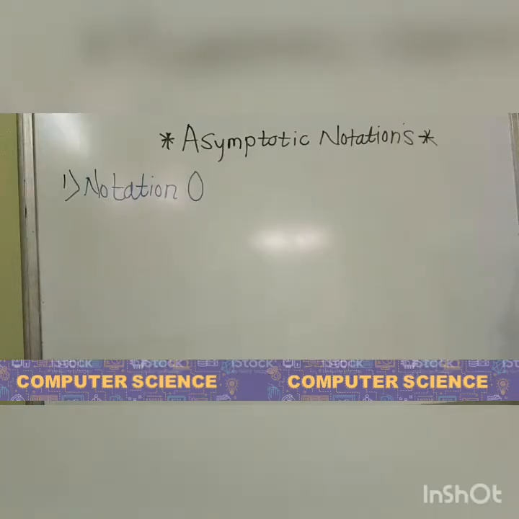Means when you try to enter the rare cases in your program or in your algorithm, then the asymptotic upper bound, that is big O, is used there. Means the rarest conditions are achieved in this situation.